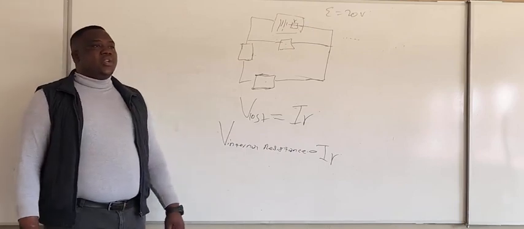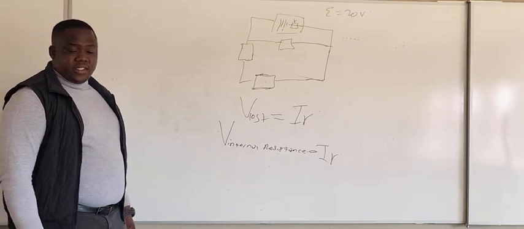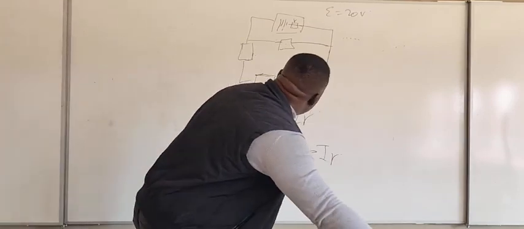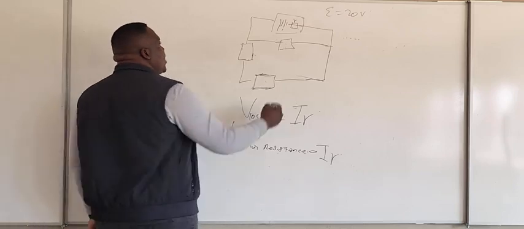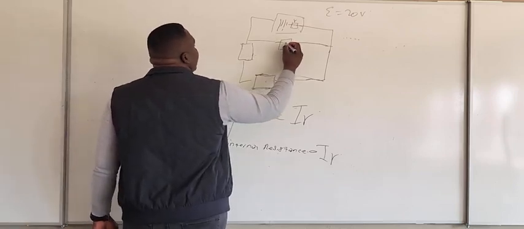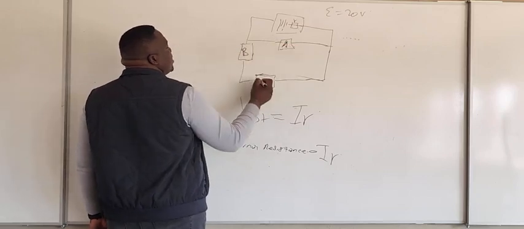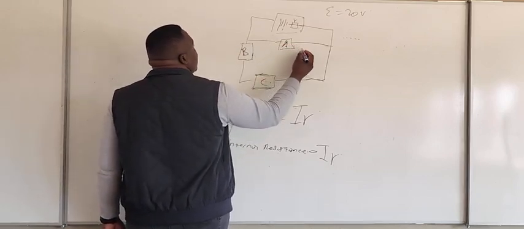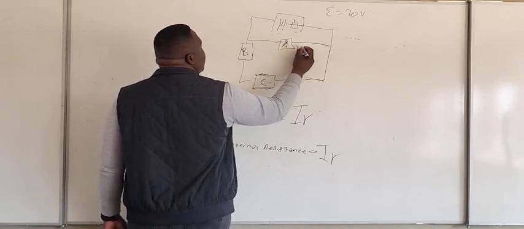Sometimes they will tell you that the voltage in this circuit, circuit A, circuit B, circuit C, ammeter A records 15 volts.